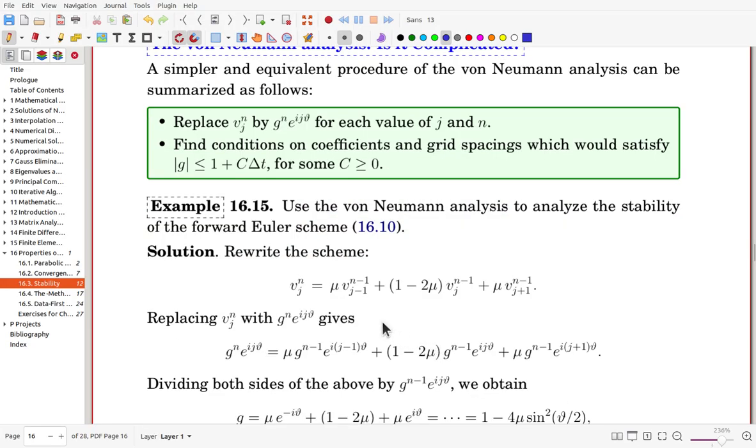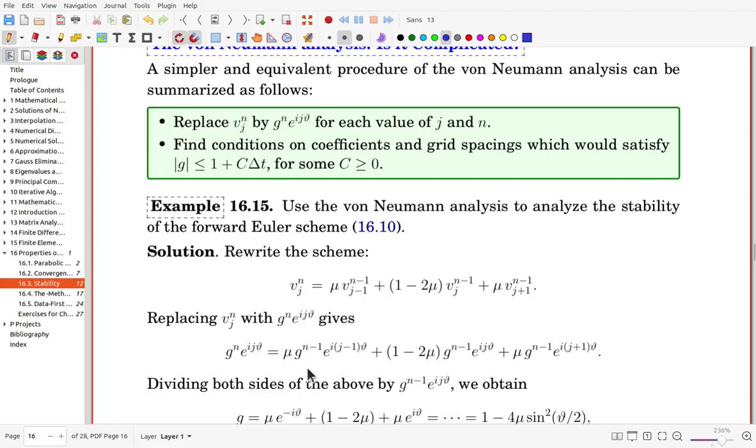Okay. Now we rewrite the Forward-Euler scheme, and we replace V_j^n with g^n e^(i j theta), where g is the amplification factor. Then that will be here, and n comes here, and j comes here.